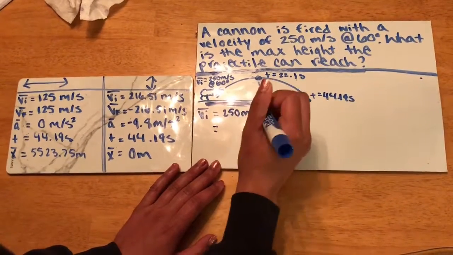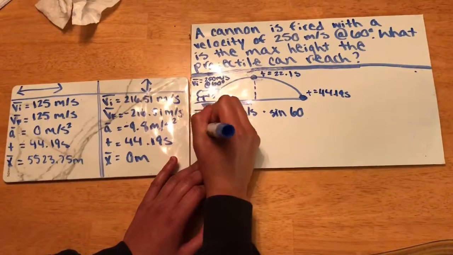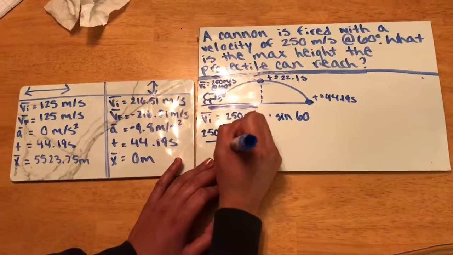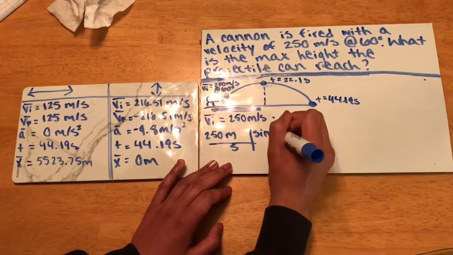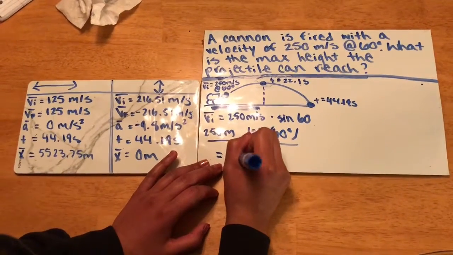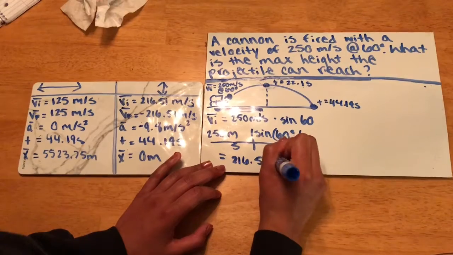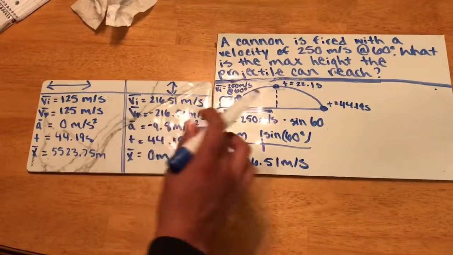And when you do that out on the calculator, you can write it in unit analysis: 250 meters per second times the sine of 60 degrees. Your final answer is 216.51 meters per second, which we know is correct because it's the same as in our chart.